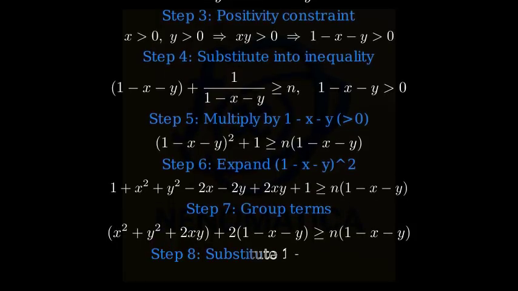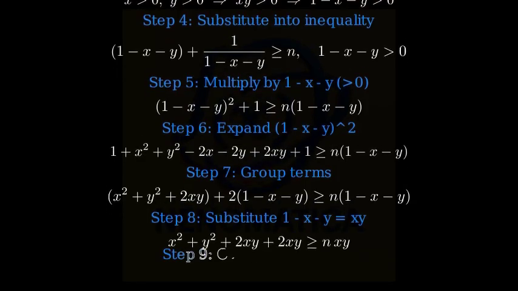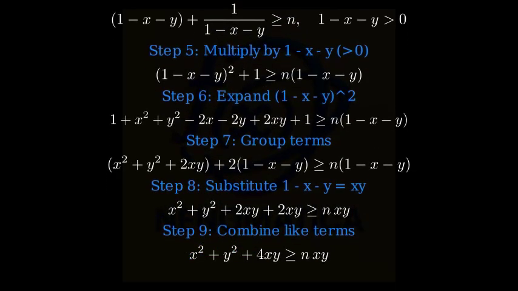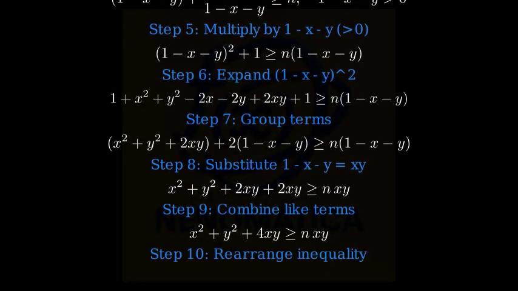Step 8. Replace the expression 1 minus x minus y with xy again. This gives x squared plus y squared plus 2xy plus 2xy is at least n times xy. Step 9. Combine like terms. We get x squared plus y squared plus 4xy is at least n times xy. Step 10. Rearrange to isolate the left side.